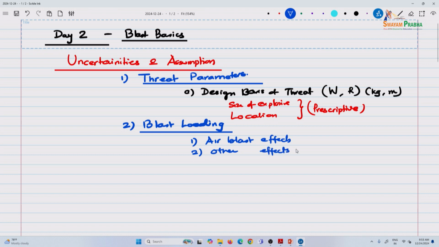Things that were not covered are ground effects such as cratering and fragmentation. All these are part of the uncertainties that are there in blast loading.